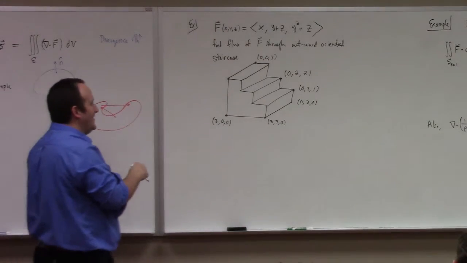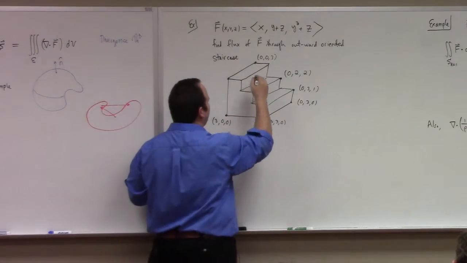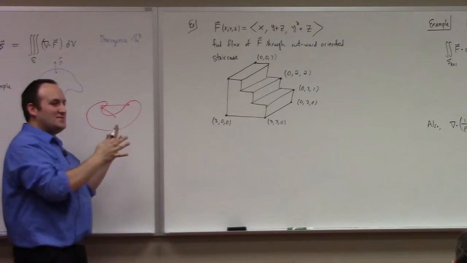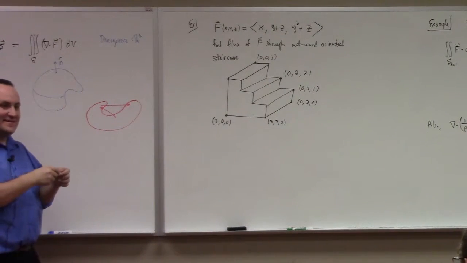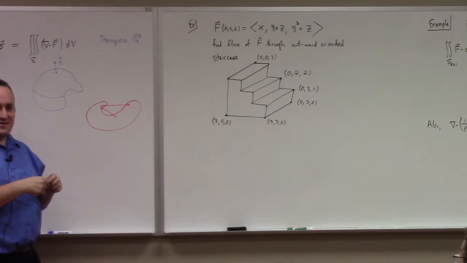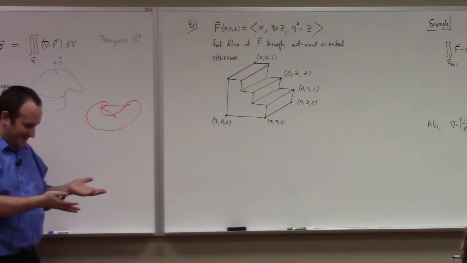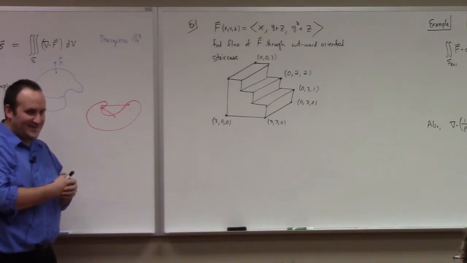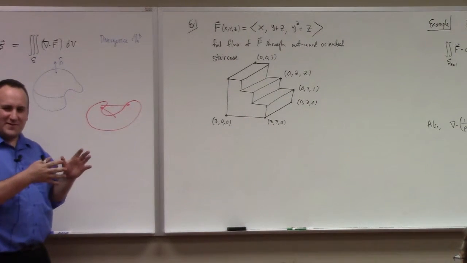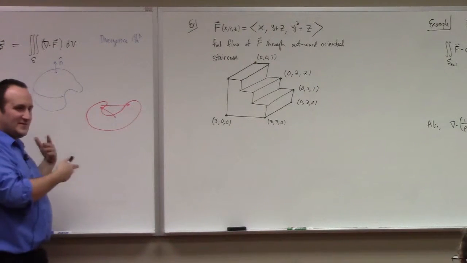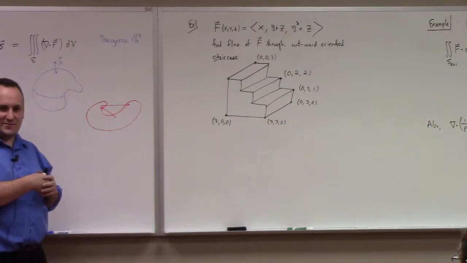Now, I said calculate the flux through the staircase. If you were going to calculate this directly, what would be required of you here? A very evil teacher would ask you something like, verify the divergence theorem for this staircase. If you see the word verify in a homework problem for either the divergence or the Stokes theorem, you should realize that those are mean problems.